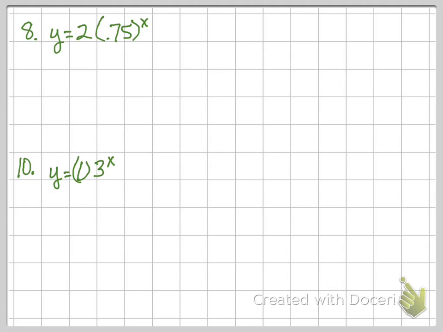Now, remember that we said that the y-intercept is equal to a. So that means (0, a) is our intercept. So we're going to look at y equals a times b to the x, right?